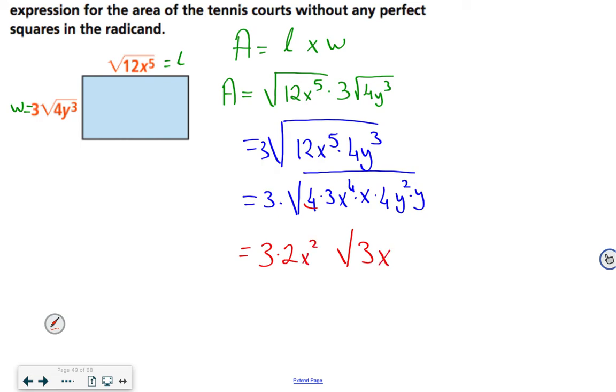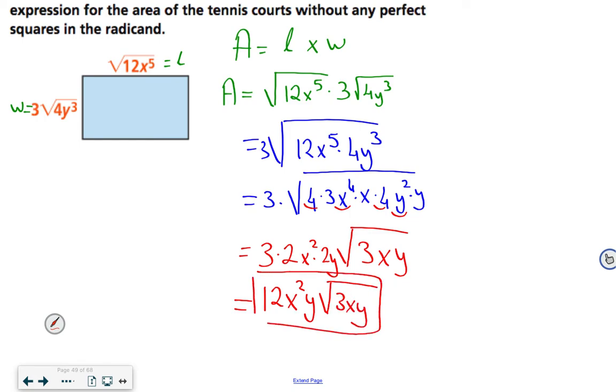X is going to be left. You cannot take the x out of the root. 4, you can take it as a 2. And y squared, you can take it as a y. And what is going to be left? Just y. So if you simplify this, 3 times 2 is 6. 6 times 2 is 12. X squared y radical 3xy. And this is your answer.